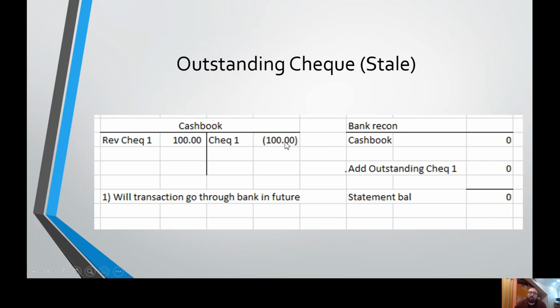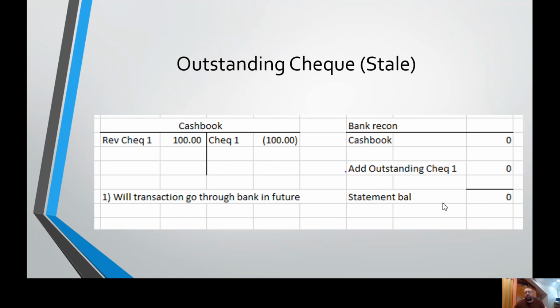So the moment we know it will never happen in future, we have to reverse the effect of that check, because now we can assume we haven't yet paid out that client. So because it's a minus on the credit side, to cancel that out, you write a plus on the debit side. And that will then be our reversal of the check.